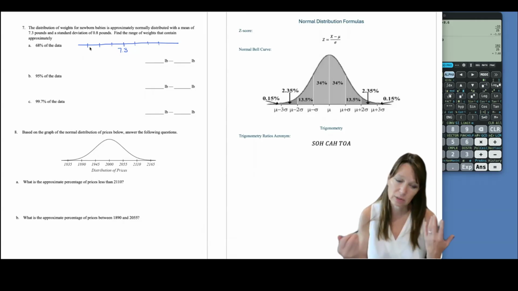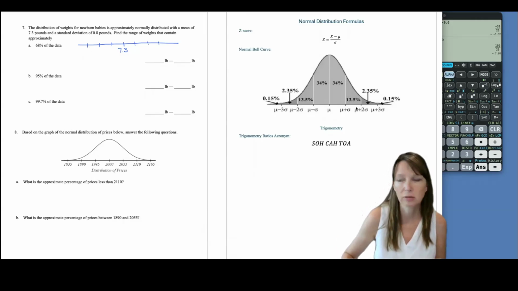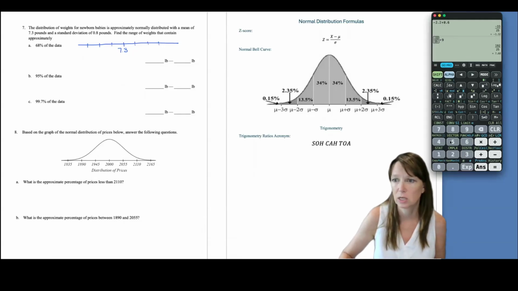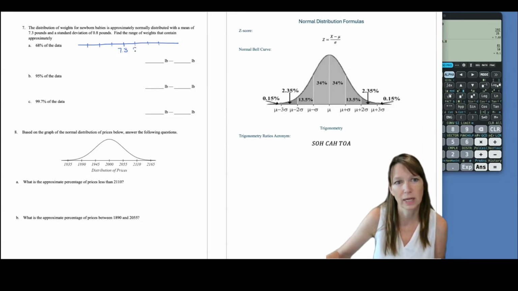And all I need to do is add or subtract the 0.8 pounds to get the rest of those numbers. So I'm going to start with my 7.3 and add 0.8. So I've got 8.1 for the next one. Add the next 0.8, so we get 8.9. And then add the next 0.8, so that would be 9.7.